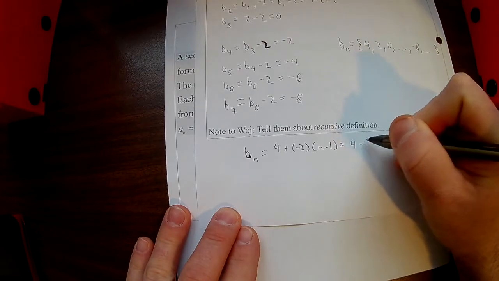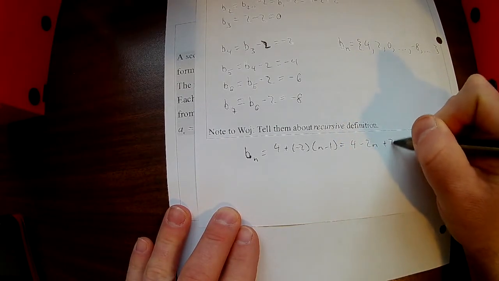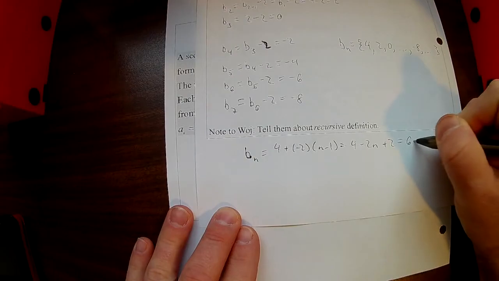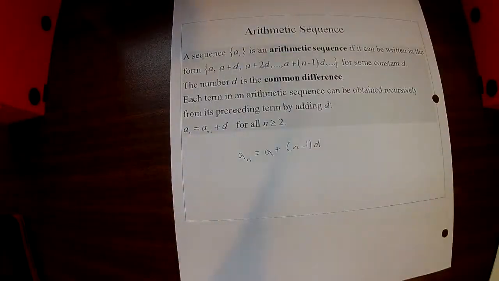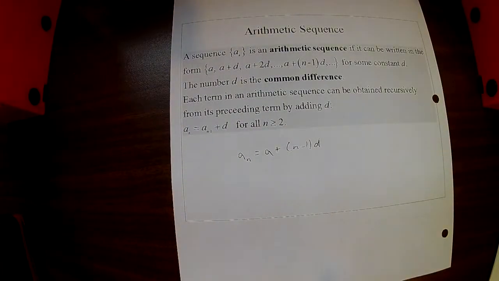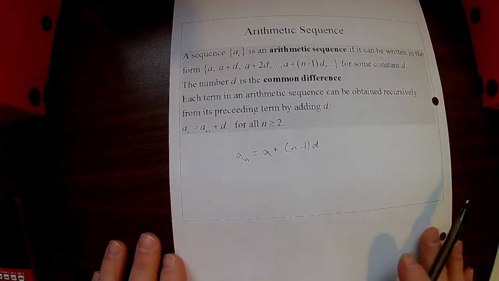So 4 minus 2n plus 2, so it'd actually be 6 minus 2n would be the explicit definition that I would use on there. But this only works when you're talking about arithmetic sequences. There are other types of sequences, like that Fibonacci sequence is not arithmetic. That's actually really hard to write out explicitly. Alright, cool. So, arithmetic sequence.